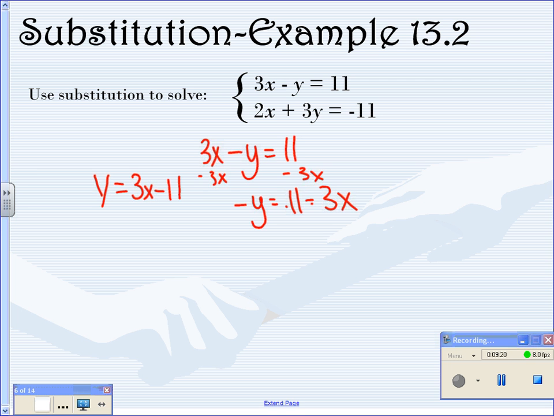Someone want to go show how to plug it in? Yeah, go ahead. Okay. Go to the next step. After you have y, what are you going to do next? You're going to plug it in?